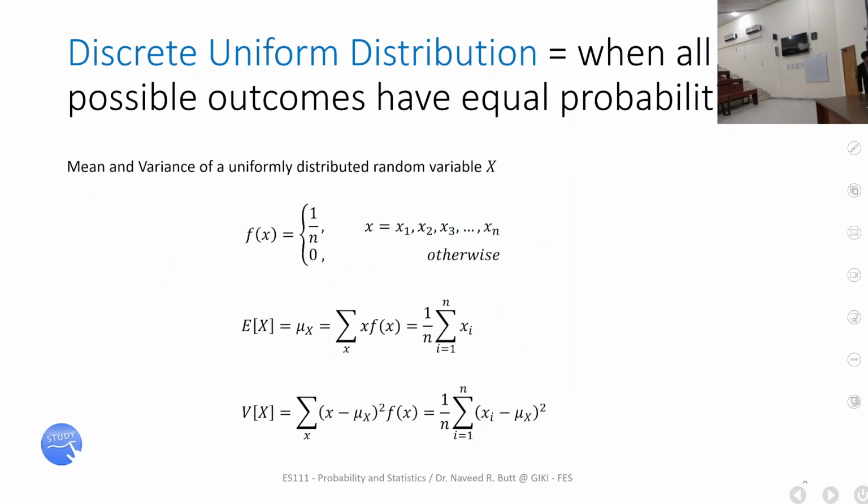So the mean and variance of a uniformly distributed random variable, well, from the definition you can see that the mean will be 1 over n summation x i. And this is what you do when you find the average. Whatever numbers we give you, you sum them and divide by how many there were.